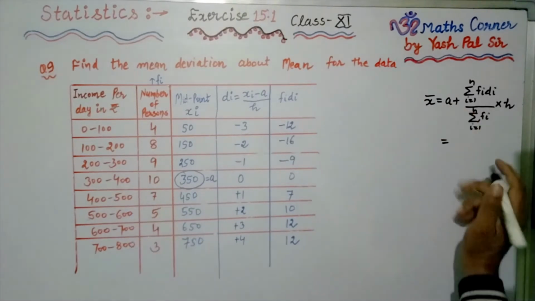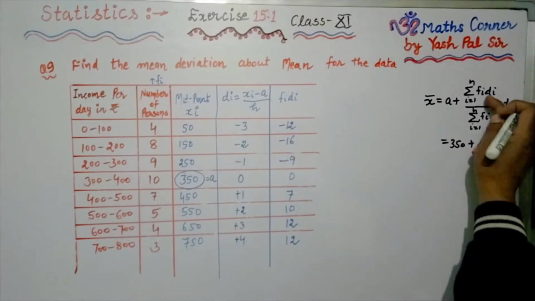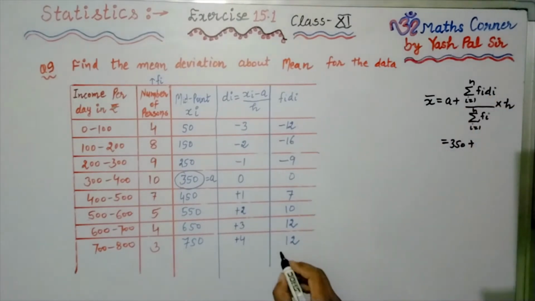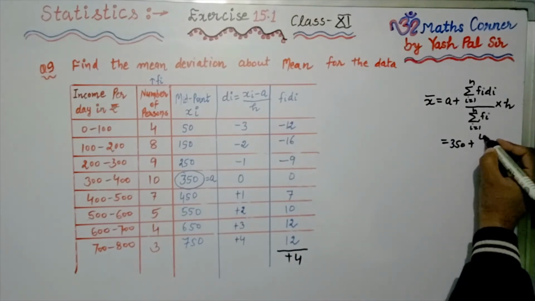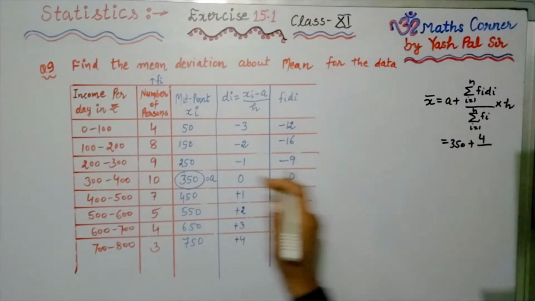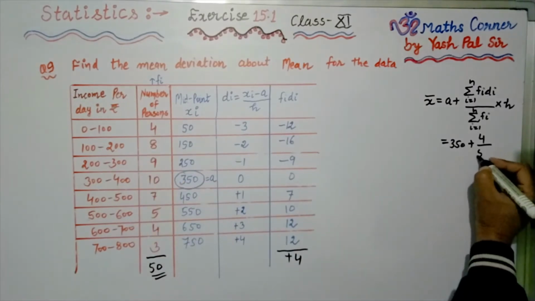So here what is A? Assumed mean. This is 350, plus what is the summation of fi di? We find this sum here. This sum is plus 4. Okay, so we write here this plus 4, whole divided by summation fi, meaning this sum. This sum is 50.